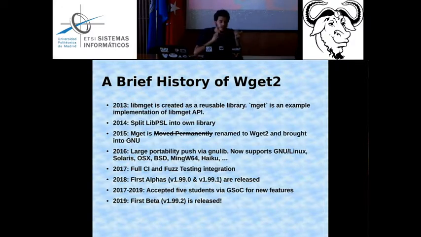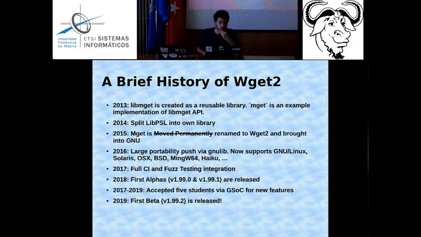A year later, a part of libmget was split into libwget, which is now another library, also currently maintained by Tim. We are using that library, and Curl is using it too.